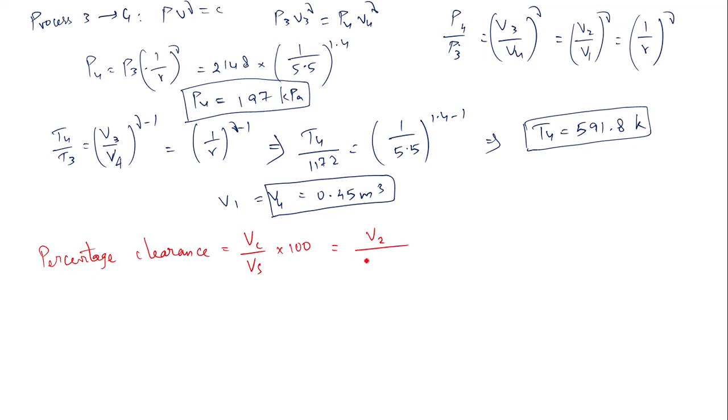The clearance volume is going to be the minimum volume, and for swept volume we already know that V1 minus V2, which is the total volume minus the clearance volume, is going to be equal to the swept volume. So the V2 value we know, and it is going to be 0.0818 divided by (V1, the initial volume, which is 0.45, minus V2, 0.0818) into 100. So the percentage of clearance volume is estimated to be 21.95 percentage. Be clear?